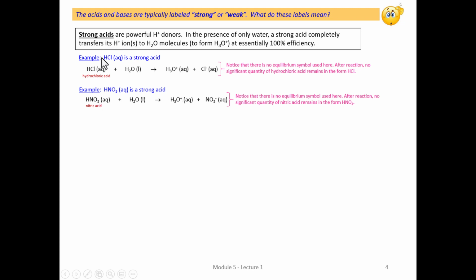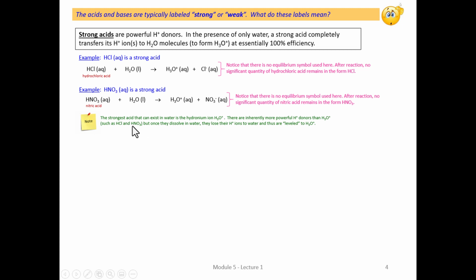So these are examples of strong acids because they're powerful H+ donors. And in the presence of just water, it doesn't mean they can't react as strong H+ donors with other substances, but this is just a good way to define a strong acid. In the reaction with water, it drives that reaction 100% to completion. In other words, all the H+ ions from HCl end up on water molecules.